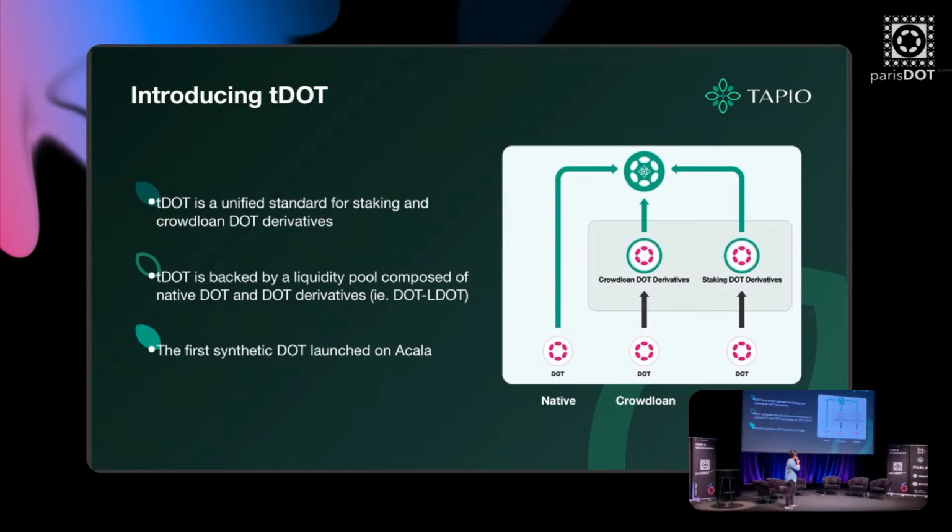The diagram on the right just outlines how it works in terms of the liquidity pool. So you have native DOT, you have crowd loan DOT, and then you have staking DOT. One level up, DOT produces the DOT derivatives, crowd loan produces the crowd loan DOT derivatives, and staking produces the staking DOT derivatives. And then combining with the native, that actually goes into T-DOT.